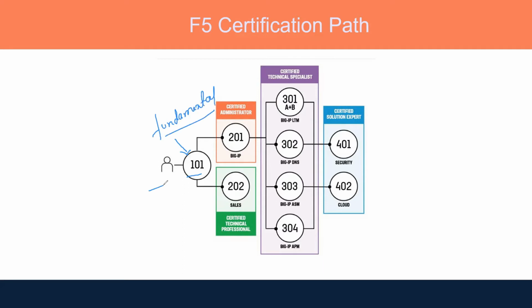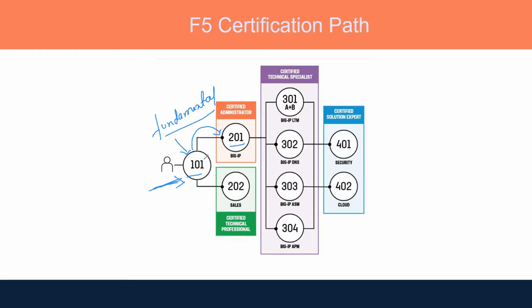If you pass this certification, F5 is not giving you any certification; it is just for the fundamentals, where you can gain the fundamental knowledge. But after passing this, you can go for the next step, which is 201. 201 is known as Certified Administrator.